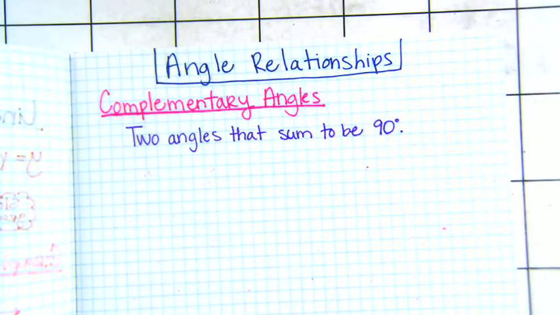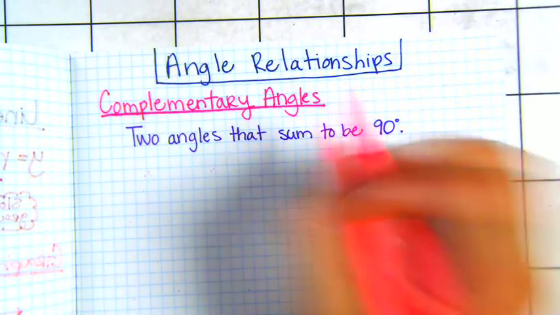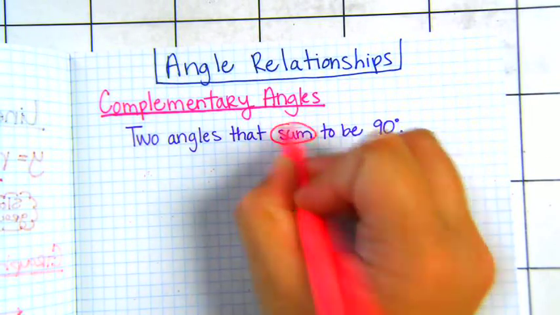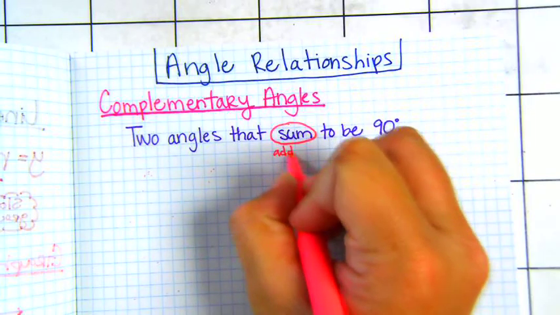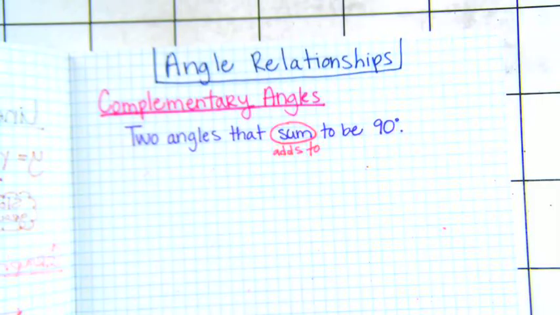So let's remember what the word sum means. What does the word sum mean? The word sum means adds to. So that means we have two angles that add to be 90 degrees.